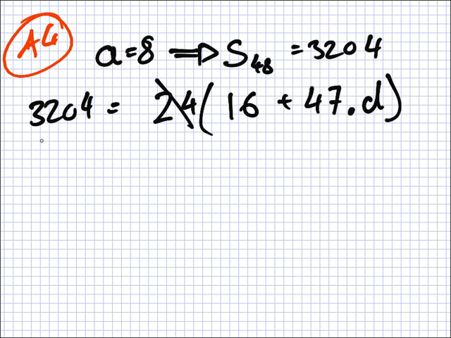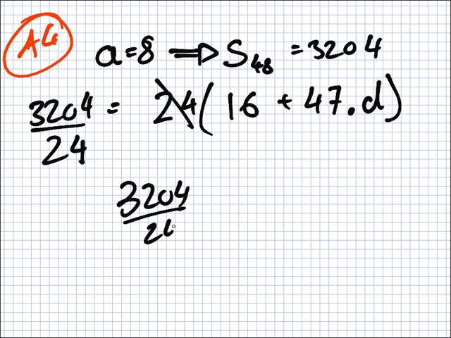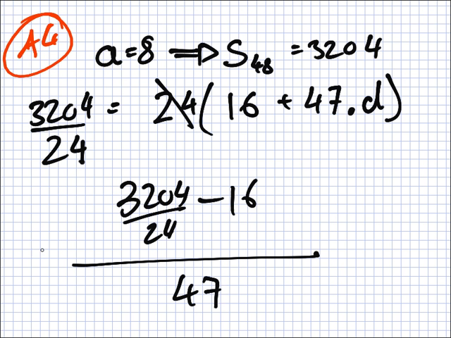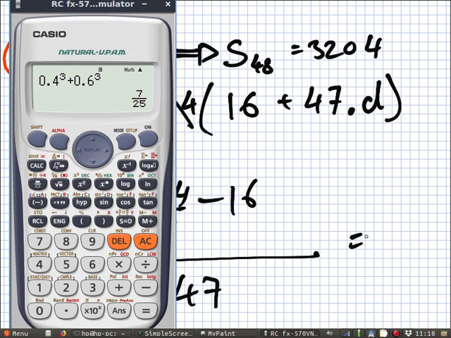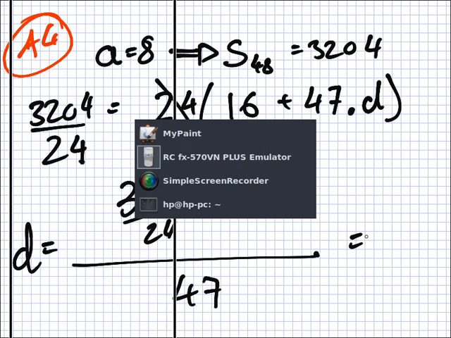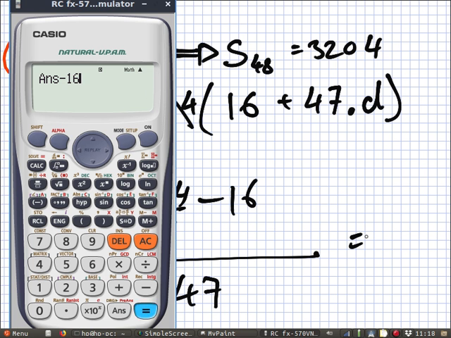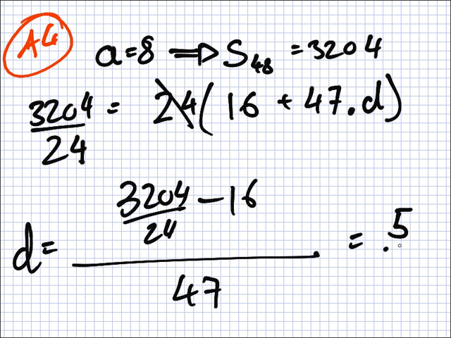So you divide by 24, you minus 16, and then afterwards you divide by 47. And what do we get here? 3204 divided by 24 minus 16 divided by 47 is 5 over 2. A lot of you got that from the few exams I corrected.